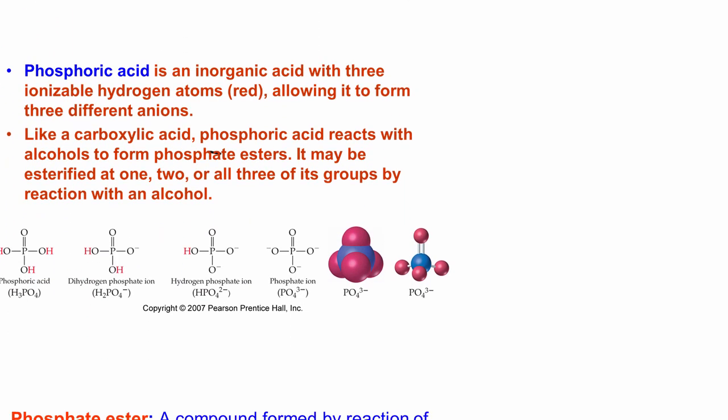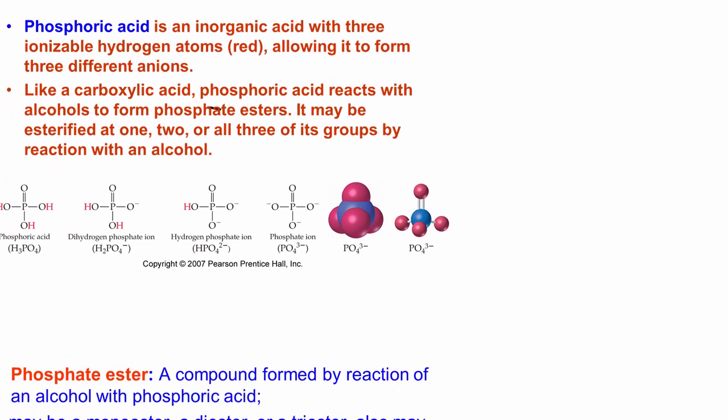I do want to talk about phosphoric acid and phosphate esters for a few minutes. So we already know what phosphoric acid looks like. This is the formula for phosphoric acid, and it has 3 ionizable hydrogens.